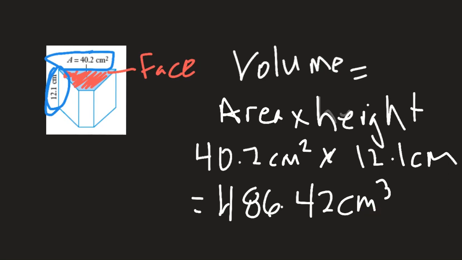In my next example, we're going to find the volume of this shape right here. This one's a little bit trickier because they have not told you the area. If you take a second and look at it, you can see that there is no area given.